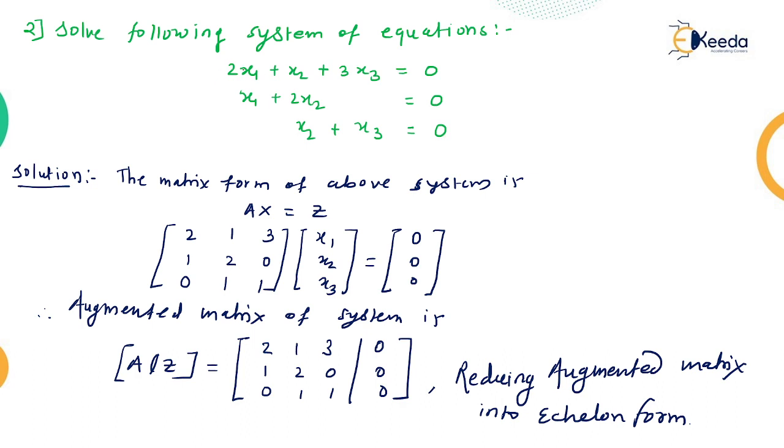You observe the coefficient of x1 is 2, coefficient of x2 is 1, coefficient of x3 is 3.